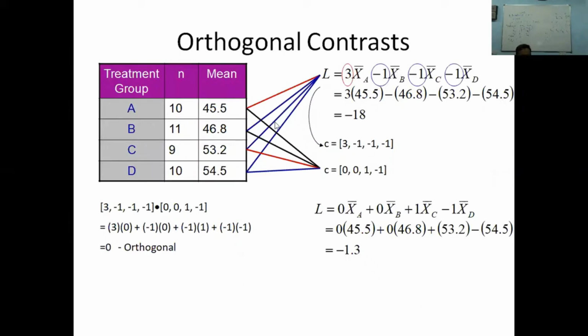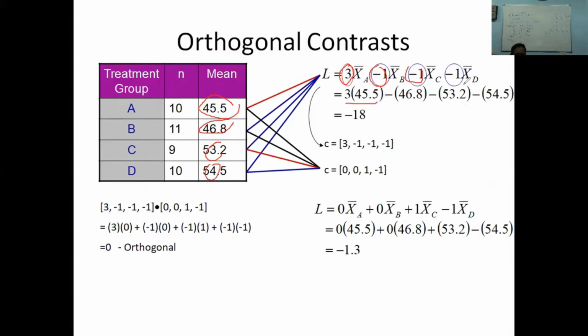Right. So this is just a calculation for the contrast. Let's say you want to calculate a contrast. So these are the mean value of the first treatment, mean value of the second treatment, mean value of the third, and so on. These are the coefficients, right, multiplied into their mean values. So 3 into 45.5 and so on.